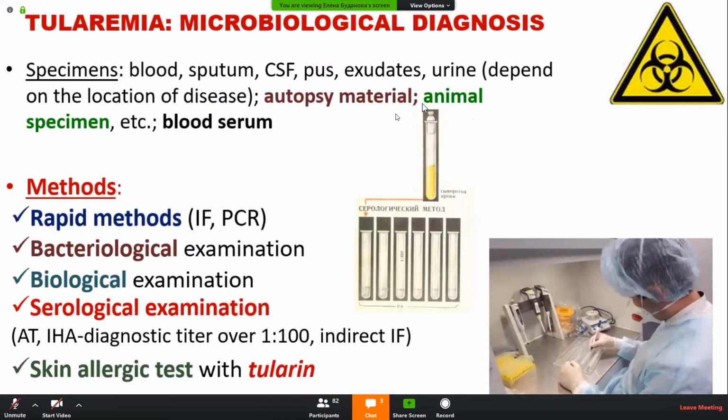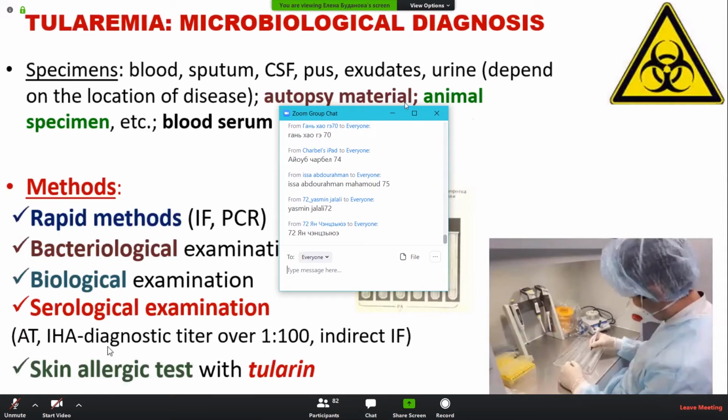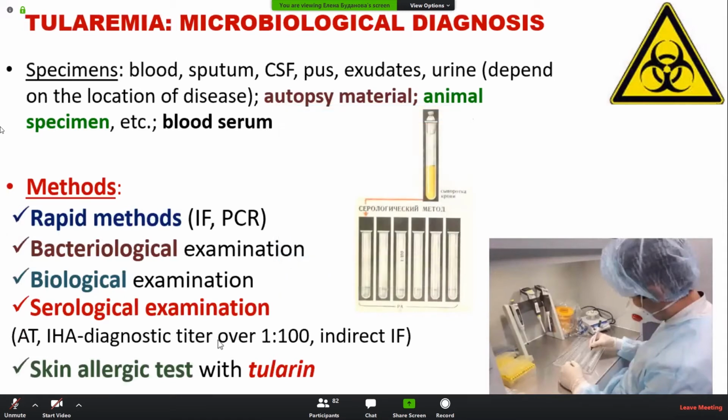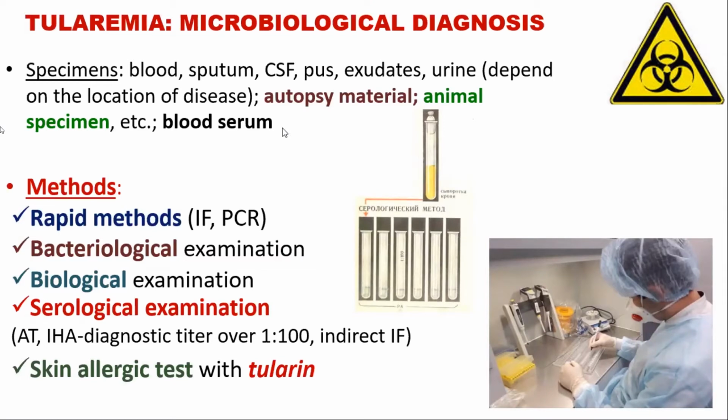Specimens, like in plague, include a whole range of specimens depending on the clinical picture. In fatal cases, autopsy material can be tested, and animal specimens because it is shed from animals. But as serological examination is the main method of diagnosis, don't miss blood serum as a specimen tested.